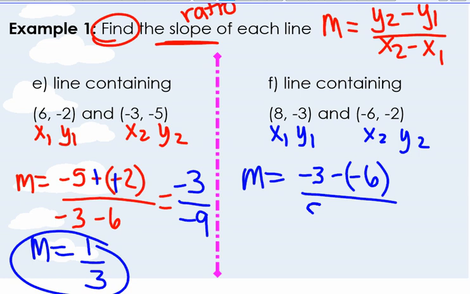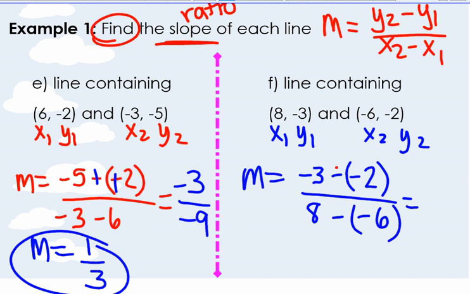So I'm going to put 8 on the bottom first, minus -6. So I'm seeing I wrote -6 up here instead of -2. So let me erase that. So again, on the top I did y1 minus y2, and on the bottom I did x1 minus x2.